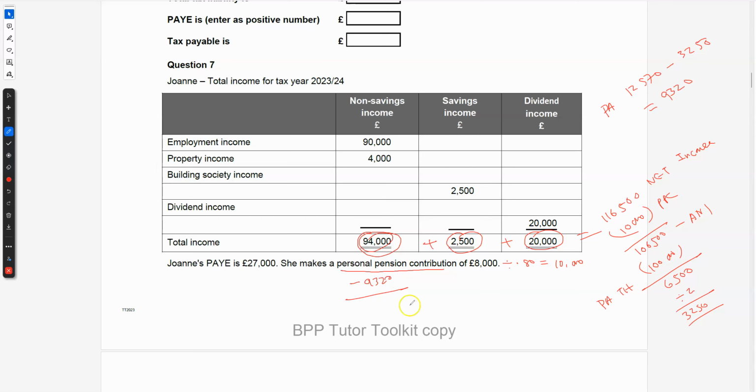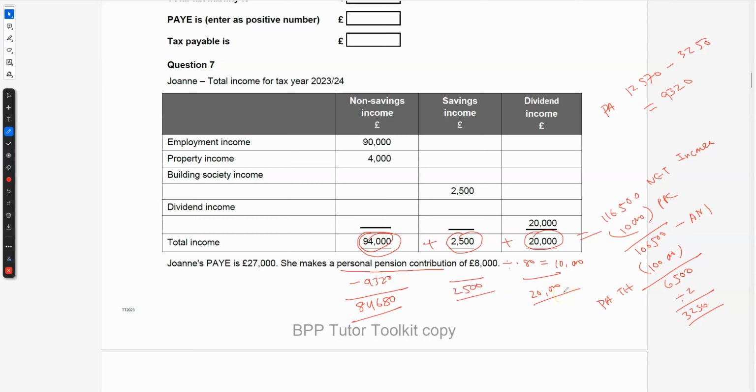So if you minus that, now my non-savings income will be 84,680, and the saving remains the same, 2,500, and the dividend remains the same, 20,000.